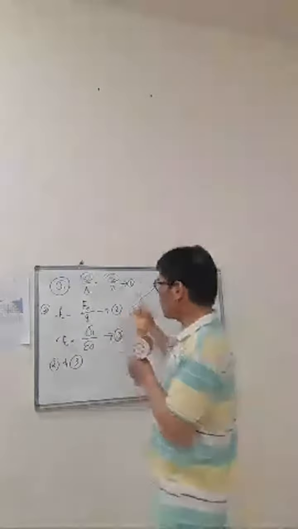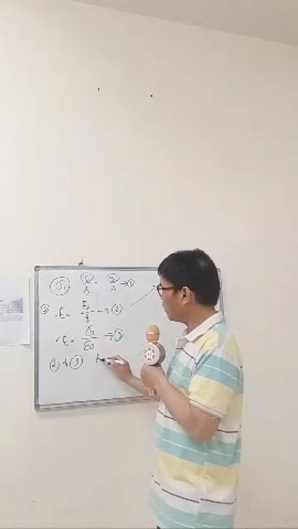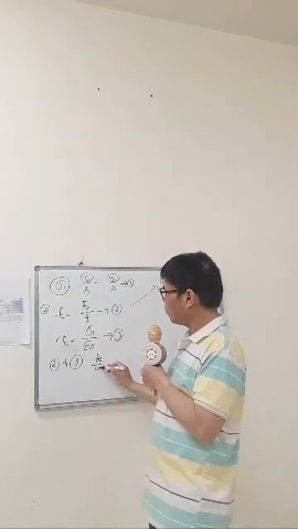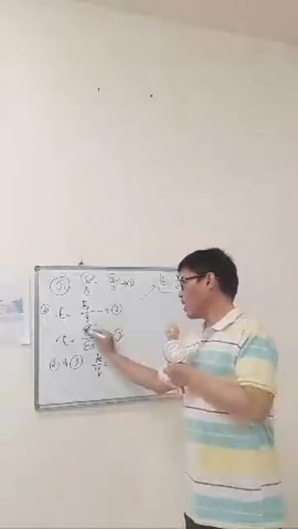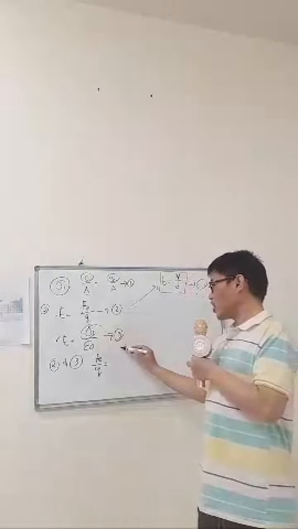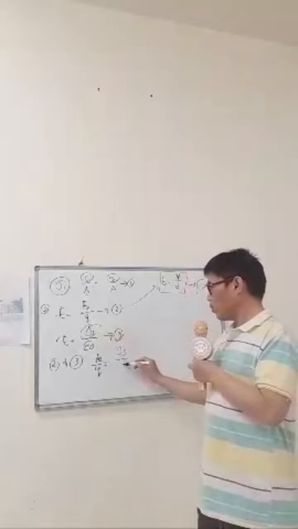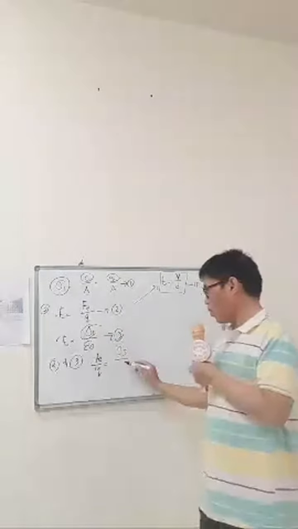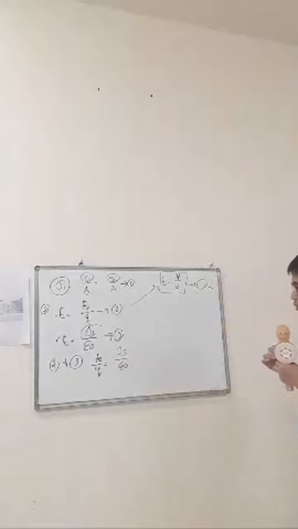Equation 2: the electric field is equal to the electrostatic force F_E over Q. And equation 3 is the surface area charge density over epsilon O, the permittivity constant through space.